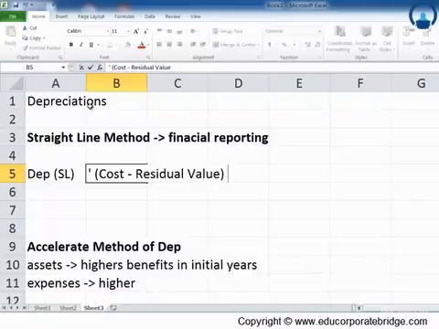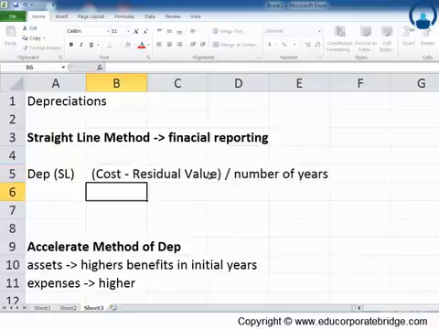Assuming you own an asset with a useful life of 5 years, after 5 years you may sell this asset at some scrap value, or some value greater than 0. That value is called the residual value or salvage value. The depreciation is calculated as cost less the residual value divided by the number of years. So this is how it can be calculated.